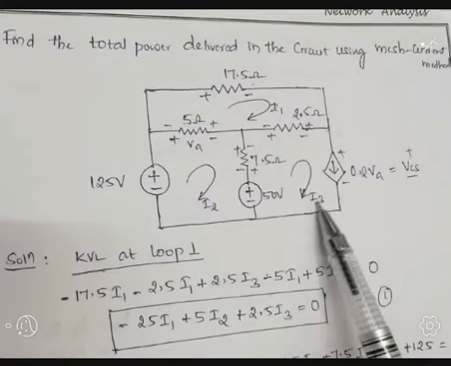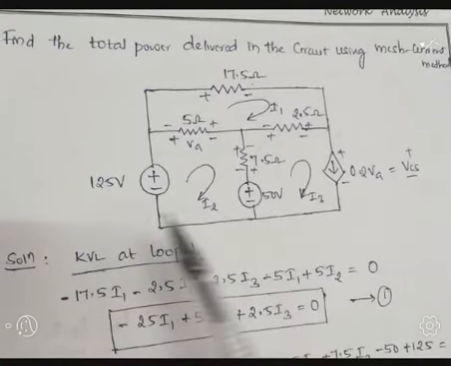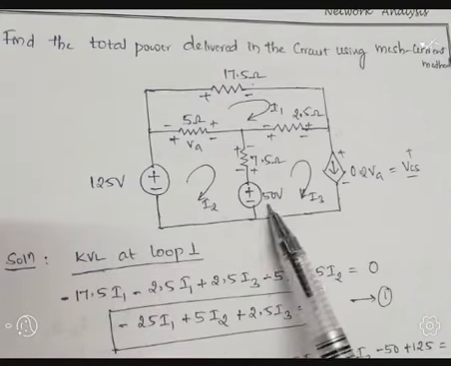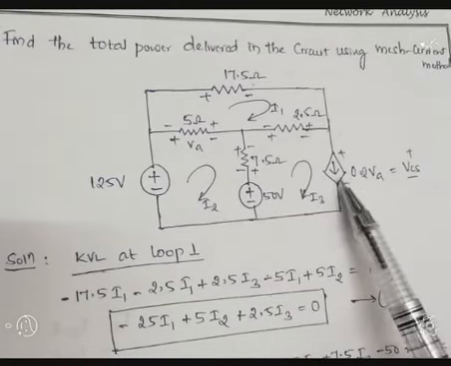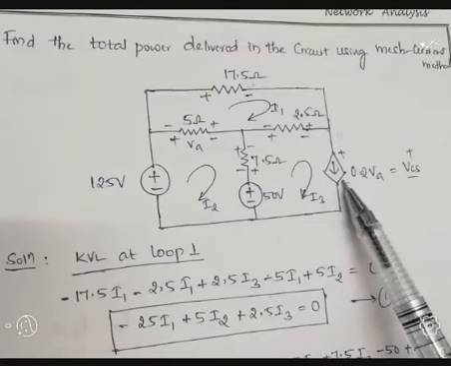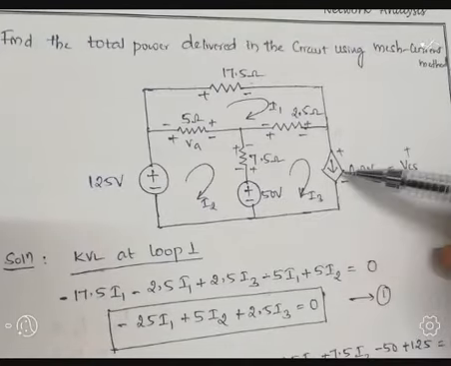In this network, we have 2 independent sources: 125 volt is an independent voltage source, and 50 volt is an independent voltage source. And observe this diamond symbol, hence it is a dependent source. Which kind of dependent source is it? An arrow mark is present inside the diamond symbol, hence it is a current source.